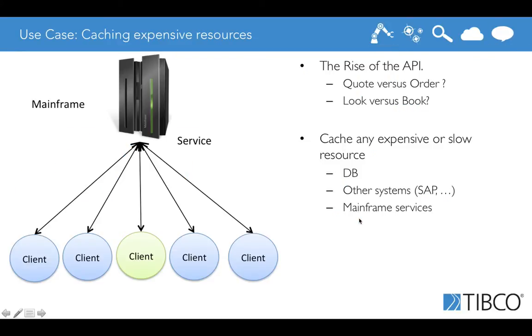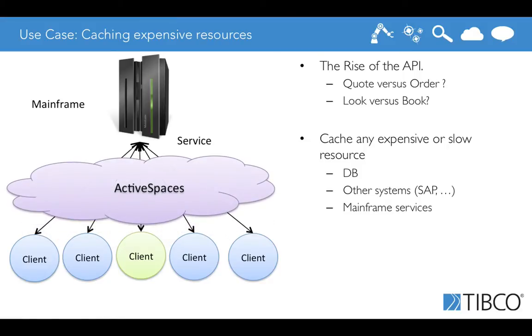The other beauty of ActiveSpaces is that the data that we manage within ActiveSpaces is completely independent of the origin of the data. So you can really cache any type of resources, be it expensive or slow databases, applications, mainframe services. It also allows you to ensure that the data that you expose will remain available.